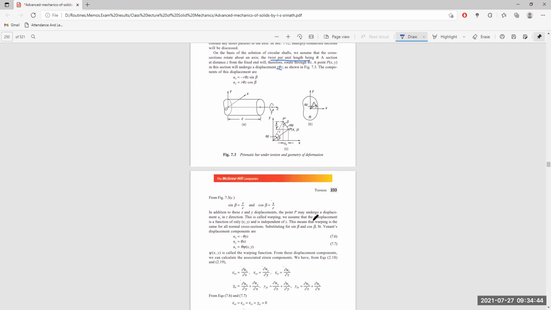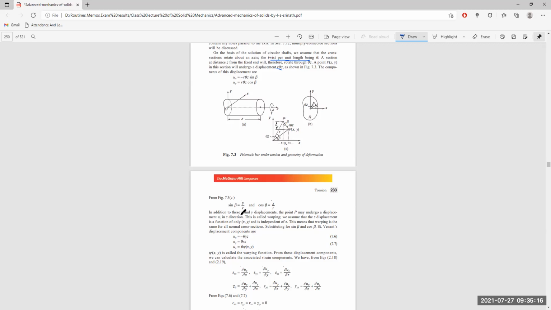Now, if we assume that this uz is a function of only x and y and independent of z, this means that warping is the same for all normal cross sections. Substituting sine beta and cos beta, the displacements are given as ux equals minus theta y z, uy equals theta x z, and uz equals theta psi(x,y). So this is the important point.